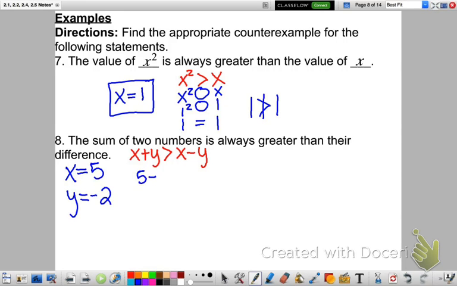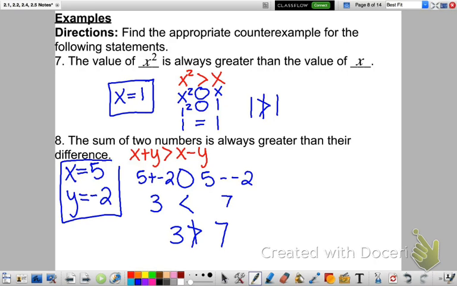So 5 plus negative 2 would be 3. And then 5 minus negative 2 is 7. 3 is less than 7, so 3 is not greater than 7. So x is 5 and y is negative 2 would be a counterexample.